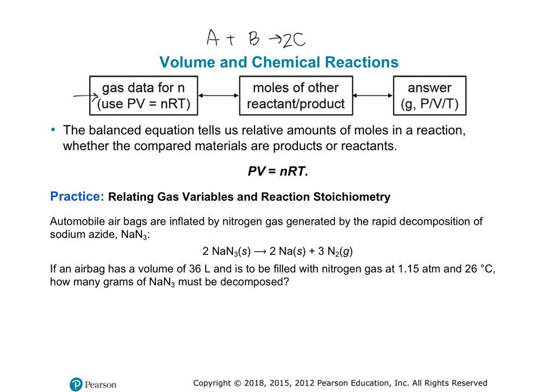And so then what I can do is find the moles of one of the reactants, let's say it's A, then use some stoichiometry to go into another gas, or a non-gas, it doesn't have to be gas, but we could use stoichiometry to go to another compound and then use the other variables, whether it's molar mass or temperature, pressure, and volume, to go into another variable we might want.